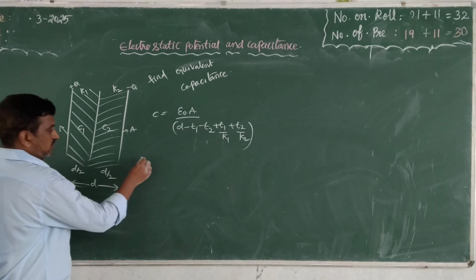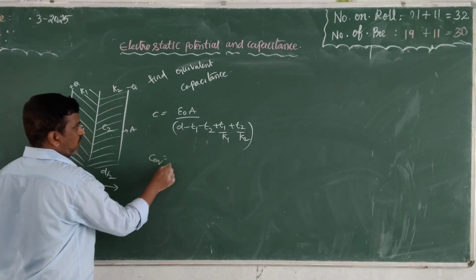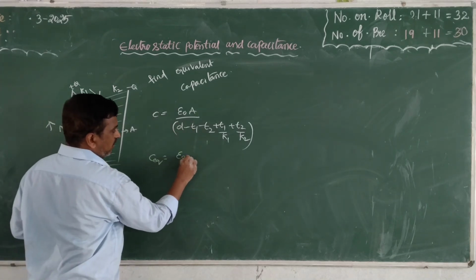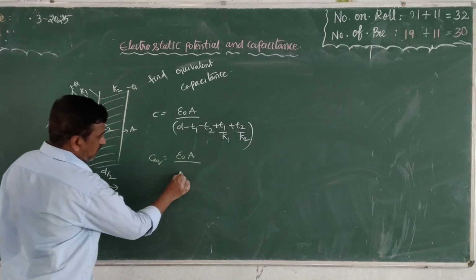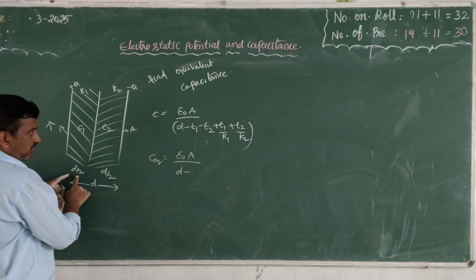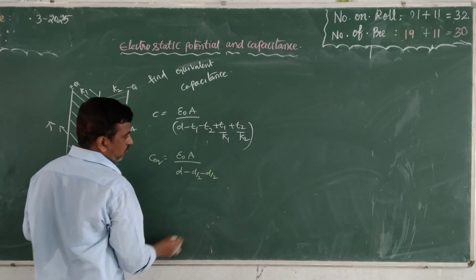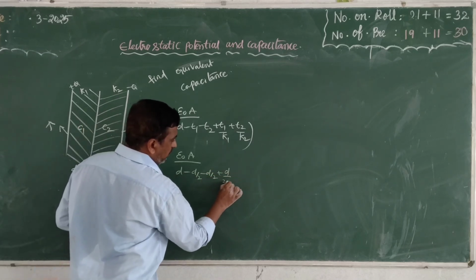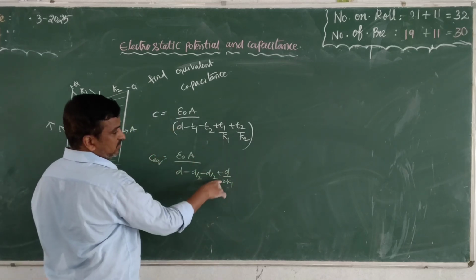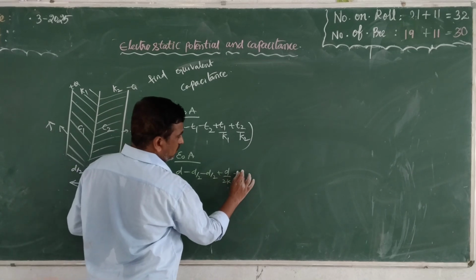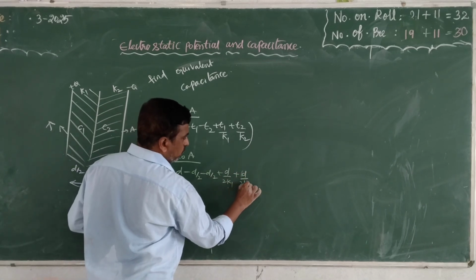C equivalent equals epsilon naught A by D minus T1, where T1 is D by 2, minus T2, where T2 is D by 2, plus D by 2K1 plus D by 2K2.